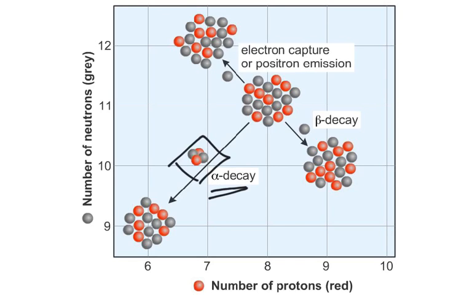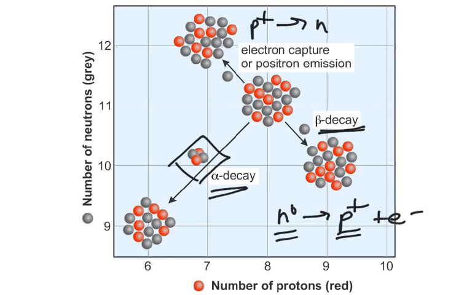During beta decay, which we have seen, a neutron magically changes into a proton and gives off a beta particle. So we have a neutron changing into a proton. That's important. Now, during electron capture or positron emission, in both cases, we have a proton that changes into a neutron.